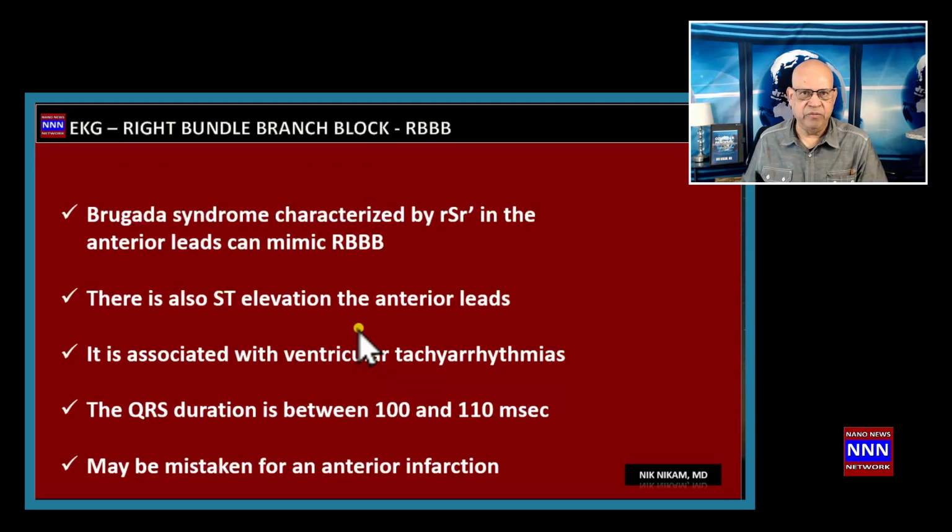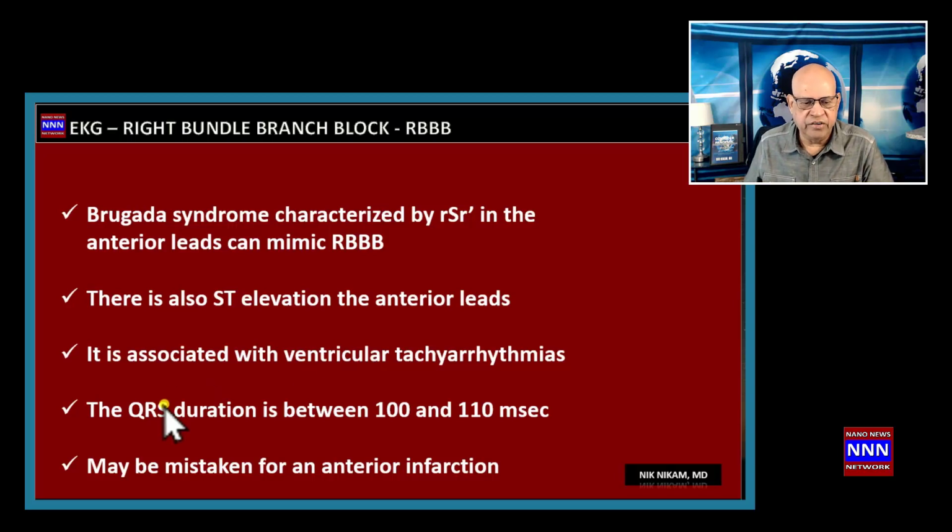And there's one more condition I would like to talk about before I conclude, and that is the Brugada Syndrome, characterized by a small r, a deep S, and another tiny r prime seen in the anterior leads, which mimics right bundle branch block. The interesting thing is the Brugada EKG right leads show an ST elevation with an inverted T wave, and it is associated with ventricular arrhythmias.